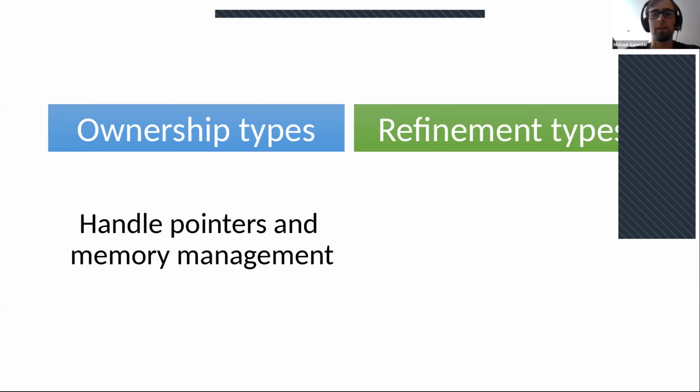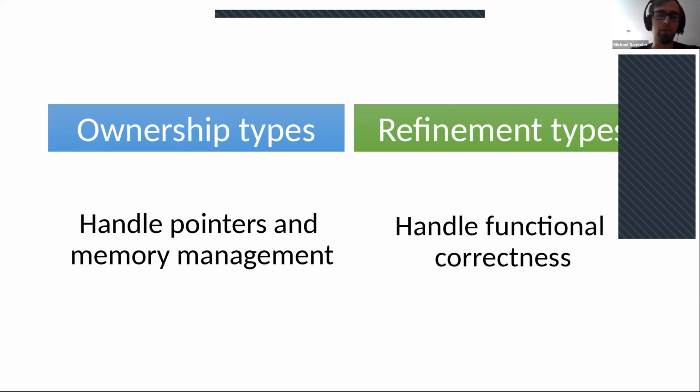On the other hand, in Rust, ownership types only prove safety of the program, but in RefinedC we want more. We also want to prove functional correctness. This is why RefinedC also provides refinement types, which allow one to express functional correctness specifications and verify them using RefinedC.